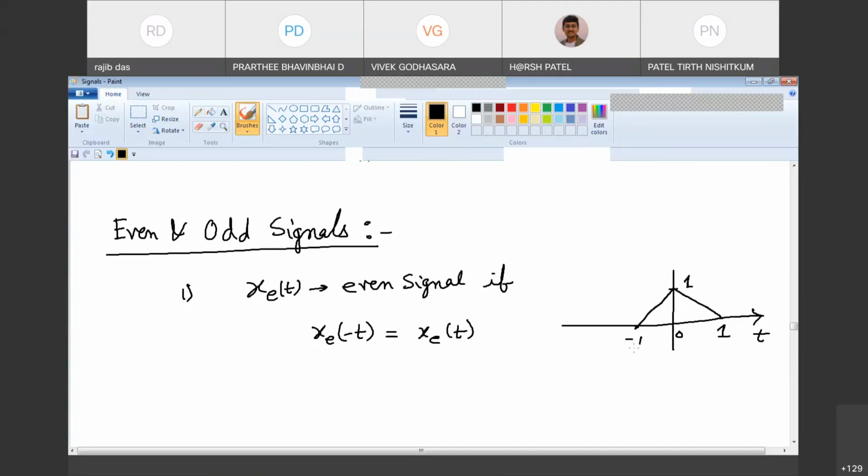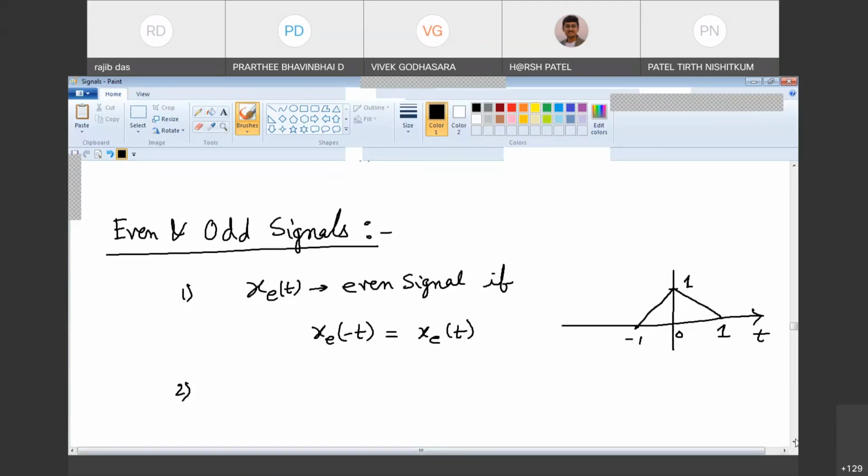If you flip this signal with respect to the y-axis, meaning folding, I've told you that this is x of minus t. It is nothing but folding with respect to the y-axis. So positive will become negative, negative will become positive. Then also if it remains the same, then it is called an even signal. Okay.